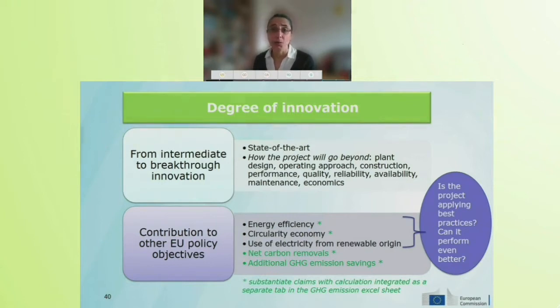Projects are expected to apply the best practices and to think of ways to even perform better in terms of energy efficiency, in terms of, for example, using raw materials or waste, or for the projects which are using electricity as an input, because in the greenhouse gas emission avoidance calculation, we take their electricity carbon intensity as zero, we need to consider what type of electricity the projects will be using.